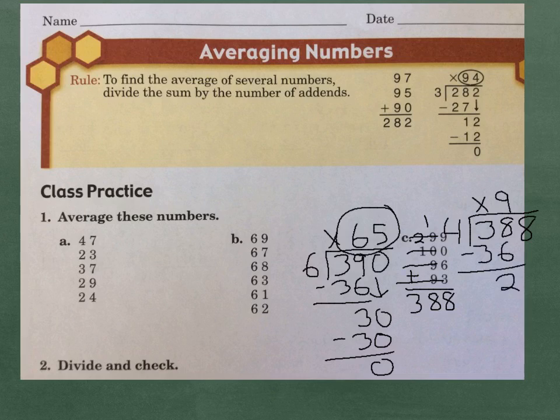Subtract and you get 2. Bring down the 8. 4 goes into 28 7 times. 7 times 4 is 28. So our answer is 97.